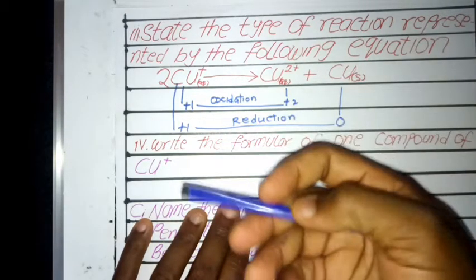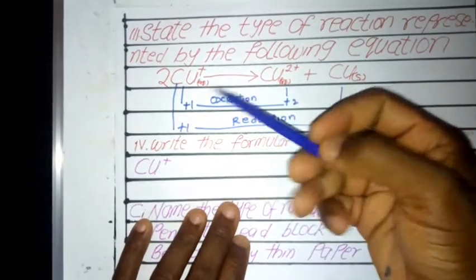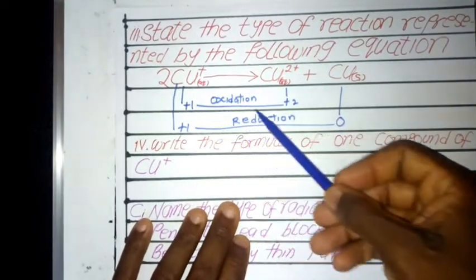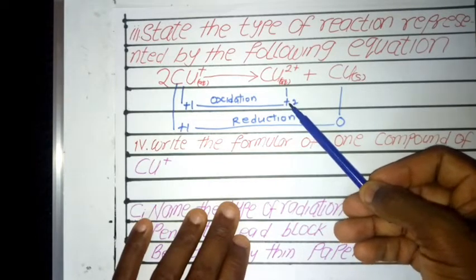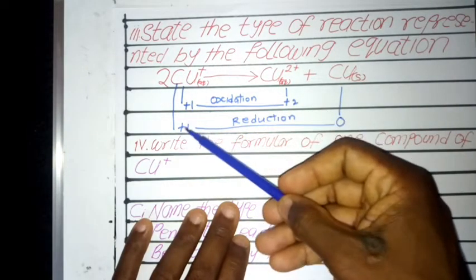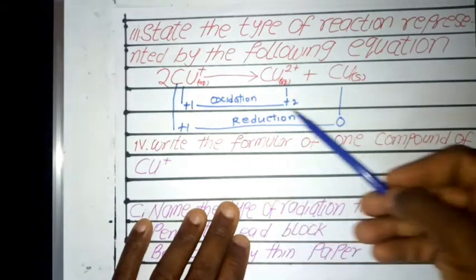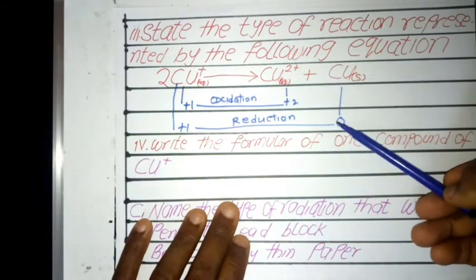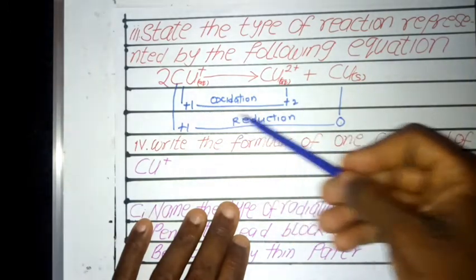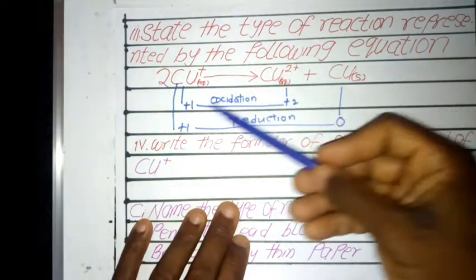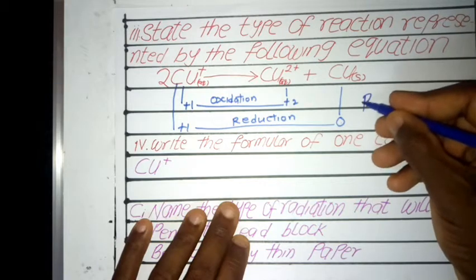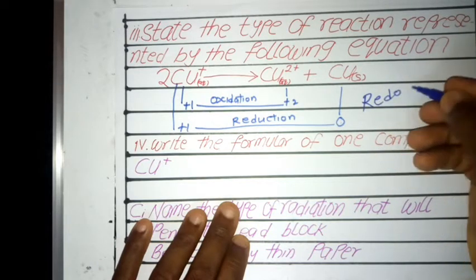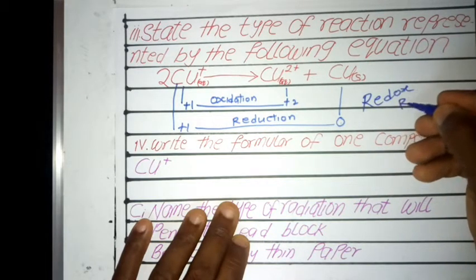If you watch, the oxidation number of copper here is +1 and here is +2. So there's an increase in oxidation number. So this is oxidation. Then coming here, this is +1, then here, this one is 0. So in a reaction where there's oxidation and reduction, we call it a redox reaction.